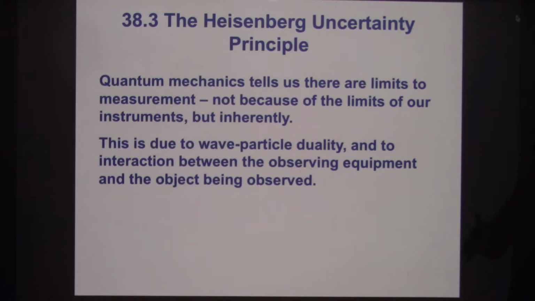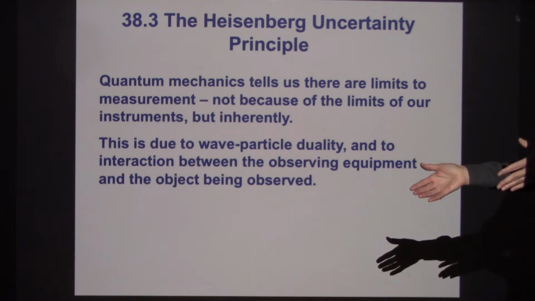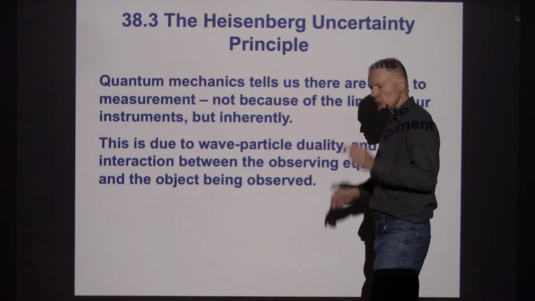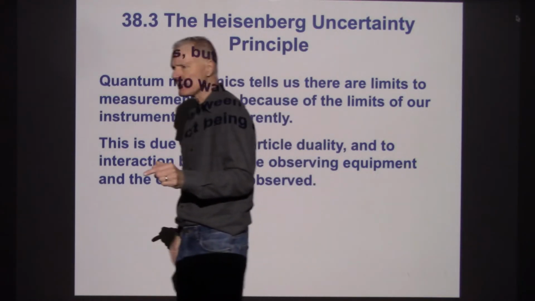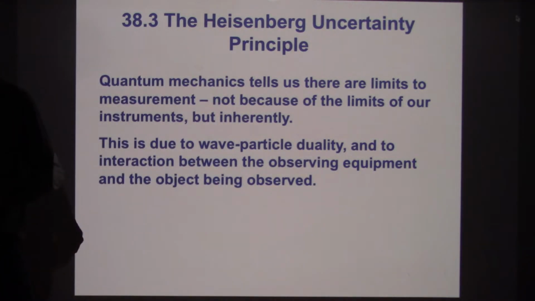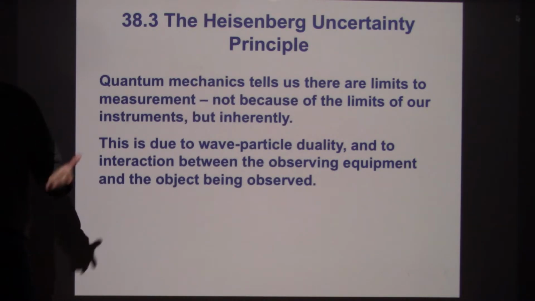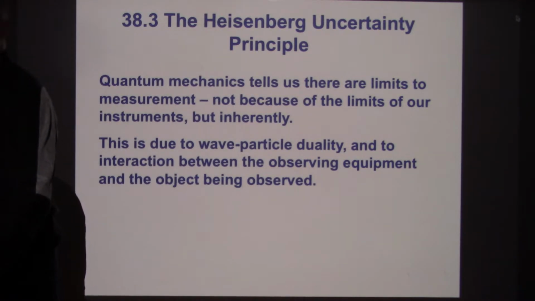Because the particle can be found in many possible locations, not just one, and the particle doesn't have just one value of momentum. It could have many possible values for its momentum. Until we go in and do a definite measurement, we have to allow for the possibility that the particle could be located in many different locations and have many different values of momentum. Okay, so it's the Heisenberg possibility principle.